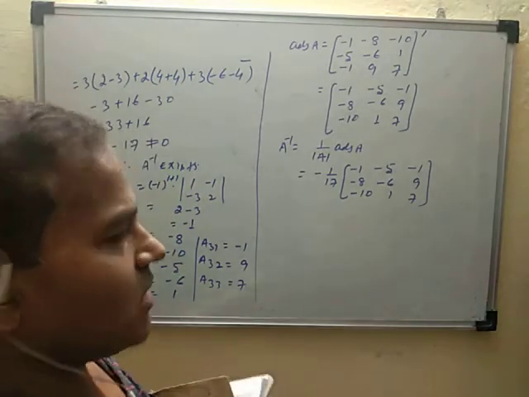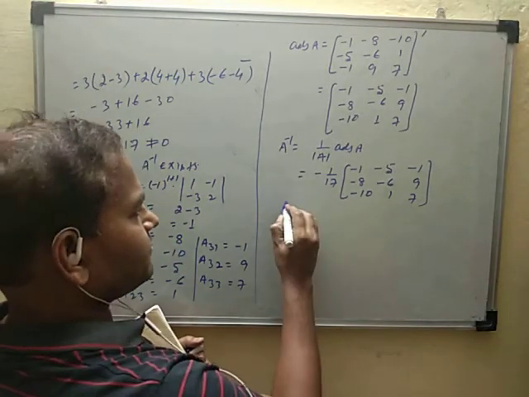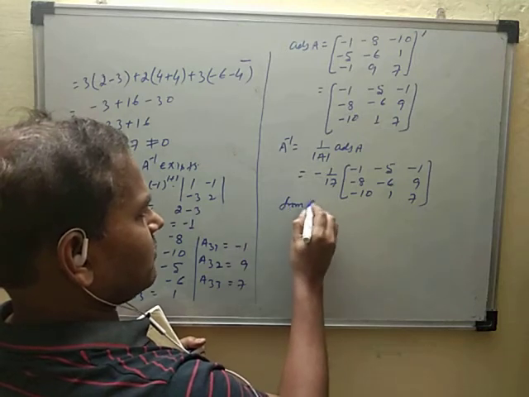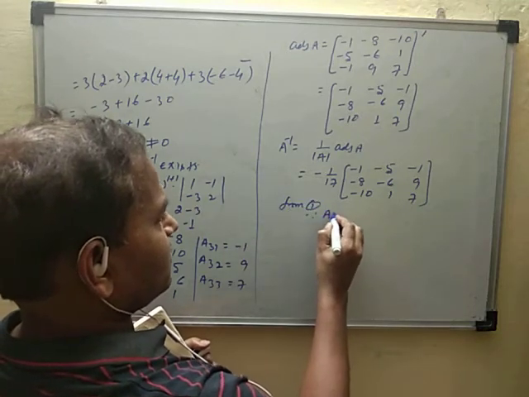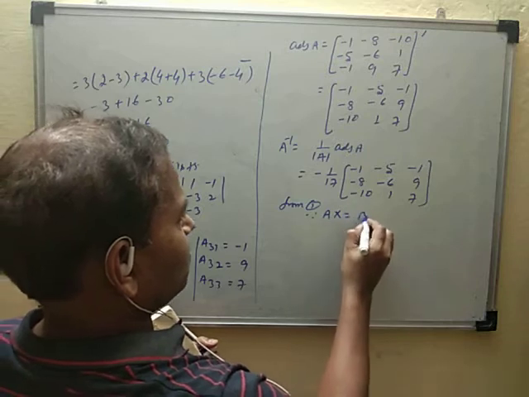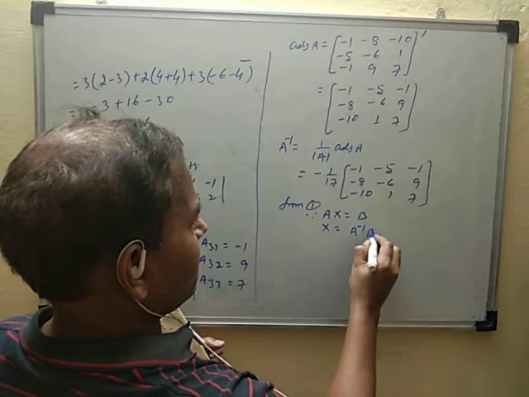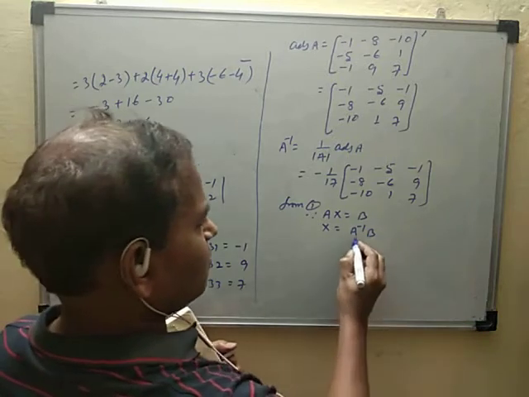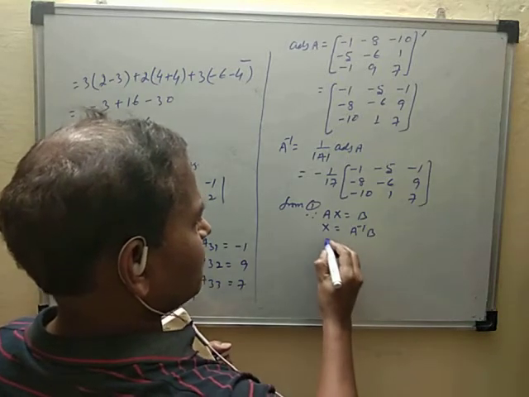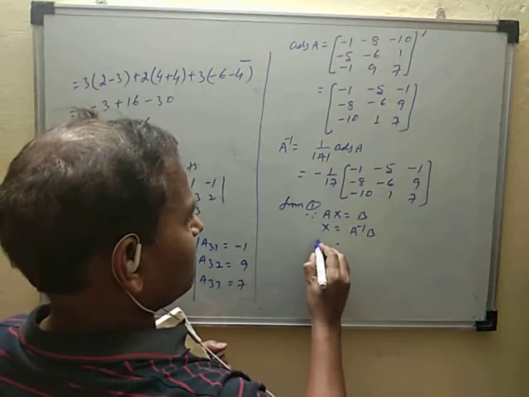Okay. Now from equation 1, since AX is equal to B, I can directly write X is equal to A inverse B, and put the values.